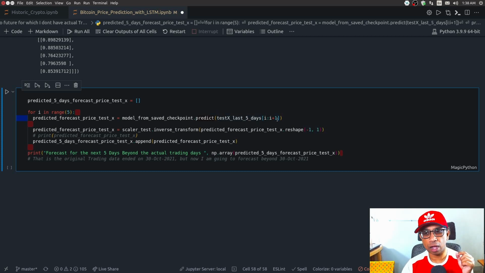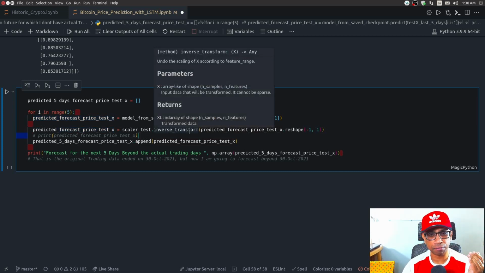So these i and i plus 1 with a slice notation, this is a single input data from the test X to the predict function. So the predict function will give me a single scalar value for the predicted price of Bitcoin for this input data. And then when I get this predicted forecast price, remember, it was scaled, so I have to scale it back.